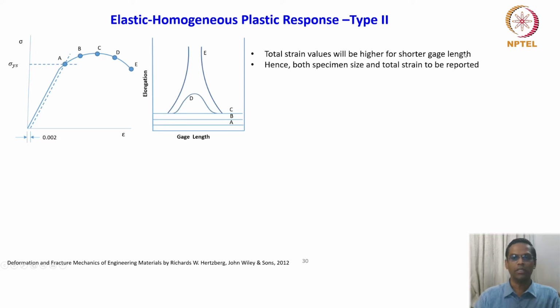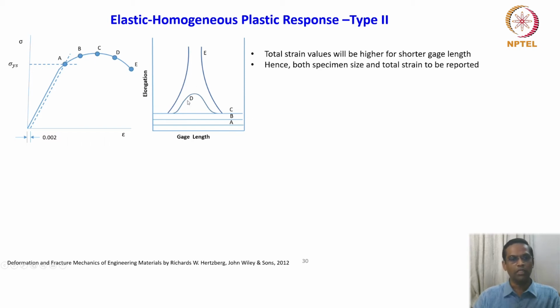Let us look at the descriptors. Total strain values will be higher for shorter gauge length. Hence, both specimen size and total strain should be reported. This aspect we have seen. But what you have to see here is, because of the necking, how the gauge length influences the percentage elongation is clearly reported here.